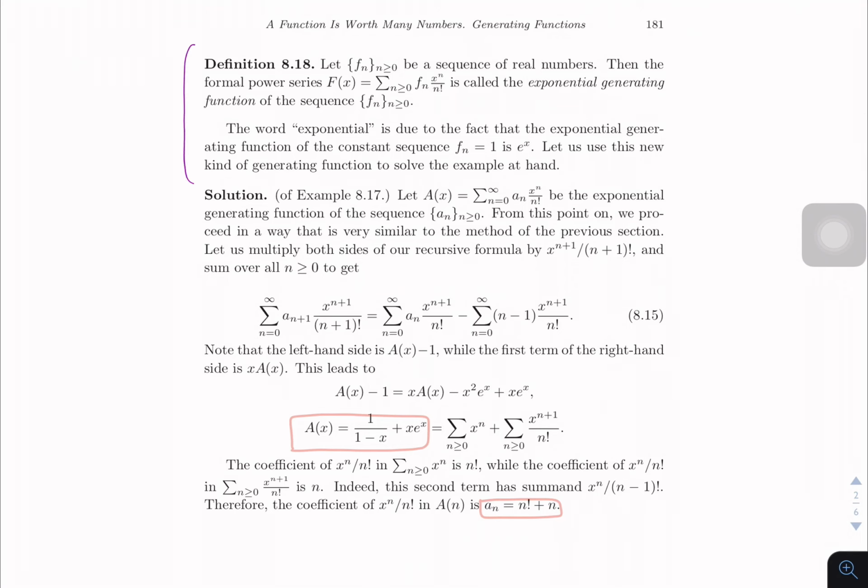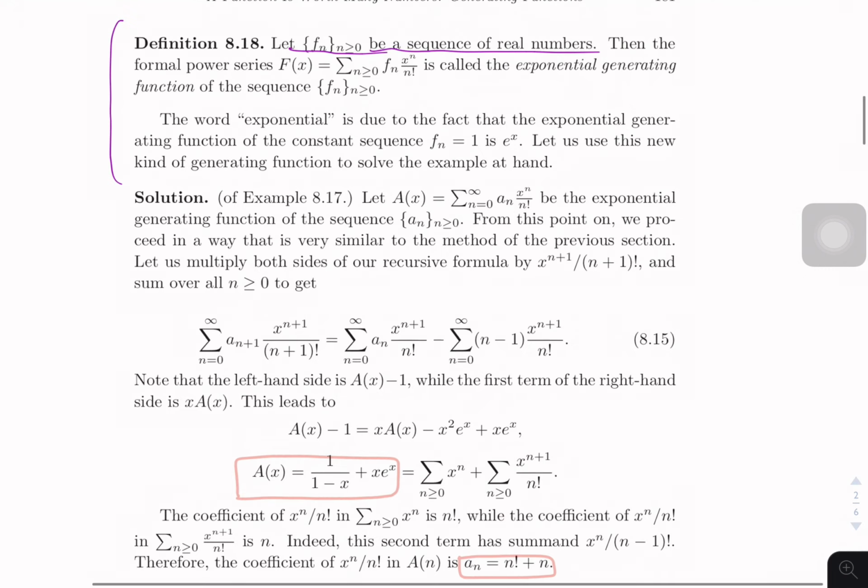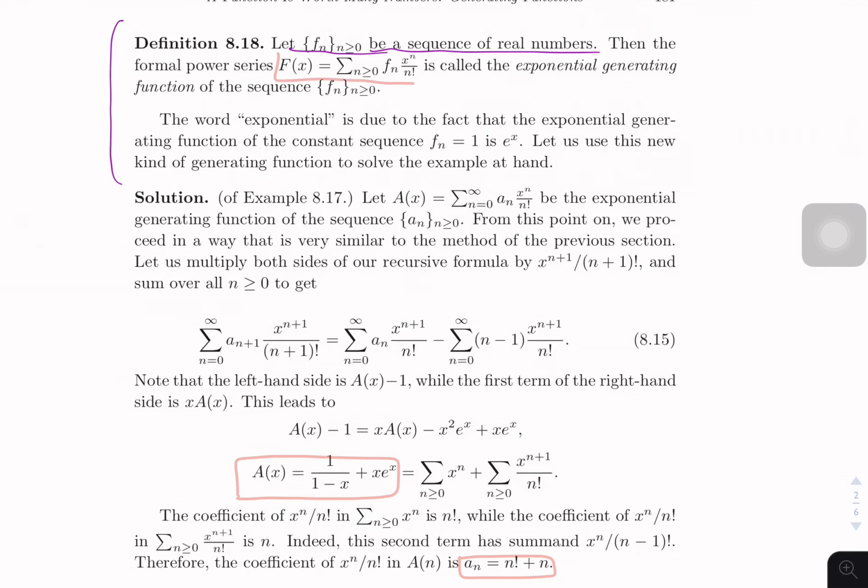Given a sequence of numbers, we can define a formal power series where we have x to the n divided by n factorial times a coefficient, and then take the sum over all n. This power series is called the exponential generating function of this sequence.